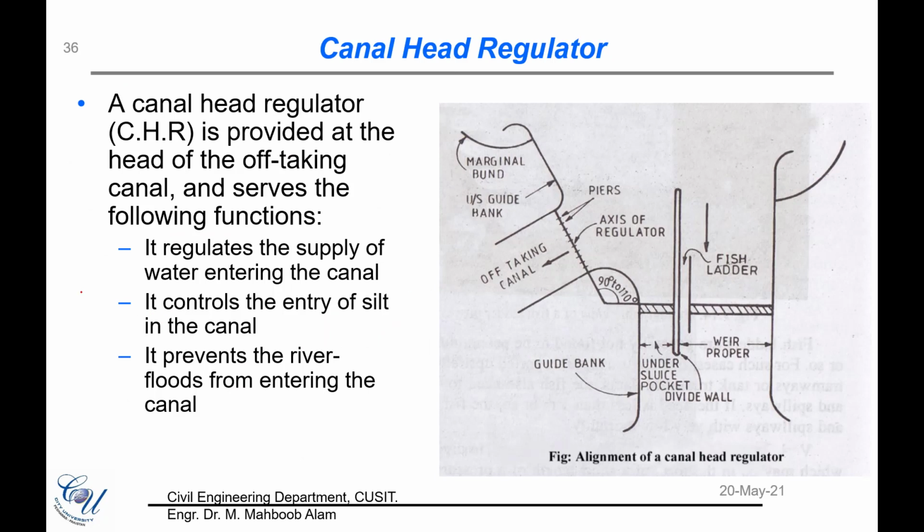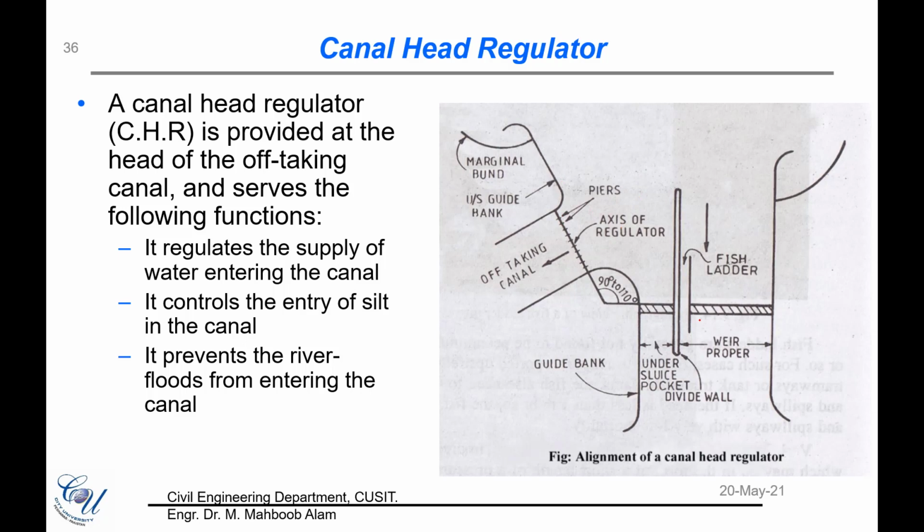Head regulators are provided at the head of the off-taking canal, and they regulate the supply of water entering into the canal. They also control the entry of silt and control water entering into the regulated channel during the flooding season. So you see we have these structures, which we already looked into: the marginal bunds and the guide banks. The water is directed towards the off-taking canal.